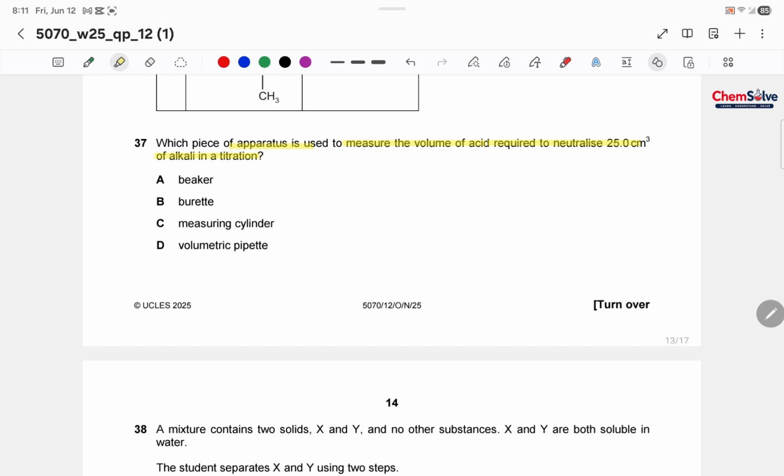Okay, so you should keep one thing in mind when we are performing the titration, the thing which is of known volume is always put in conical flask. Always, known volume is always put in conical flask. And the other apparatus that we use is burette, here, that is burette.